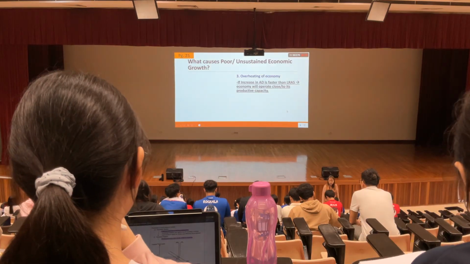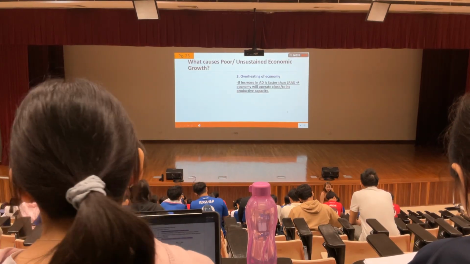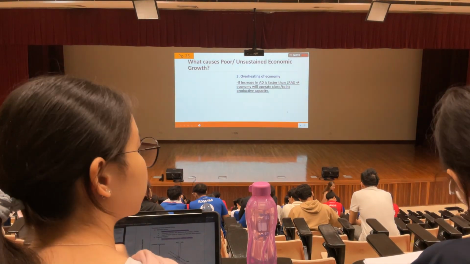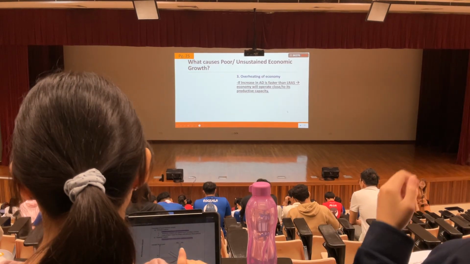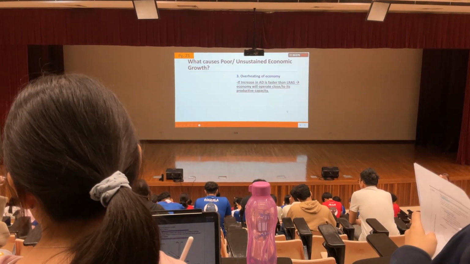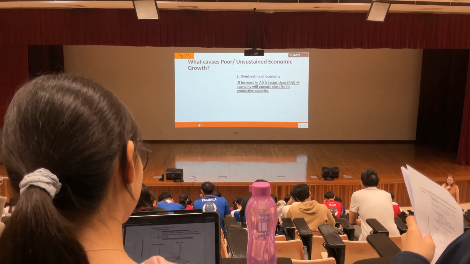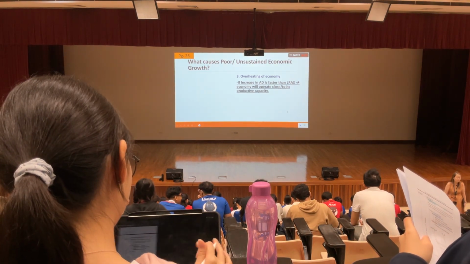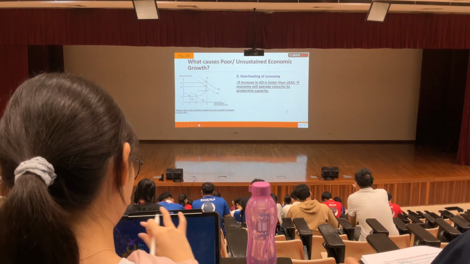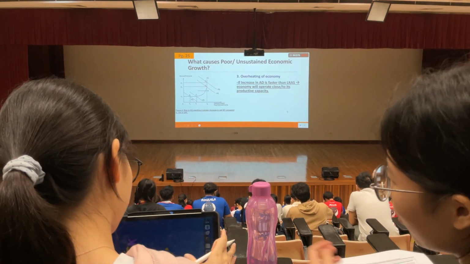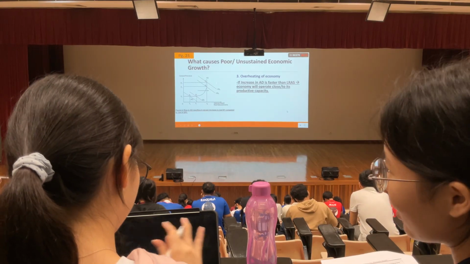Okay? So next, overheating of economy. If the increase in AD is faster than LRAS, then it means that your economy is operating close to its productive capacity. So what do I mean by that? If you look at the lecture notes, you will see this part over here.